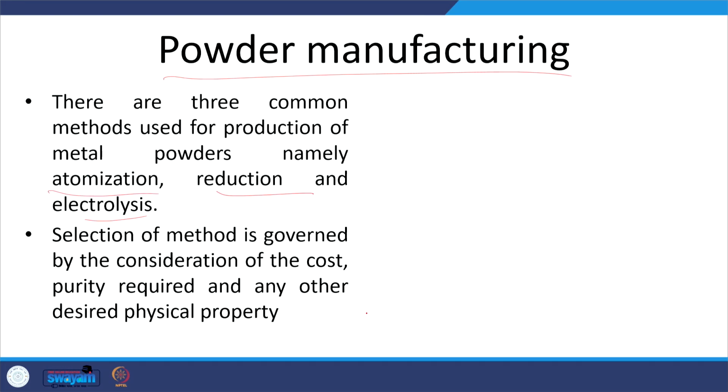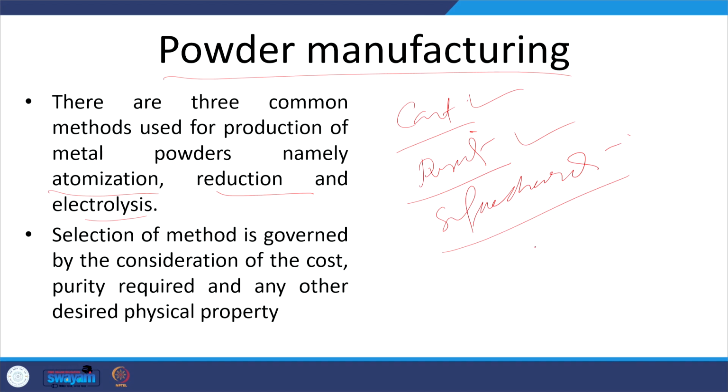The method of manufacturing selection depends on the economics, certainly, the kind of purity that we want, and the surface characteristics of the powders needed as per the requirement of the product to be made by the powder metallurgy route. So, cost, purity, and surface features: a few are spherical, many are irregular, a few allow easy control of the size.